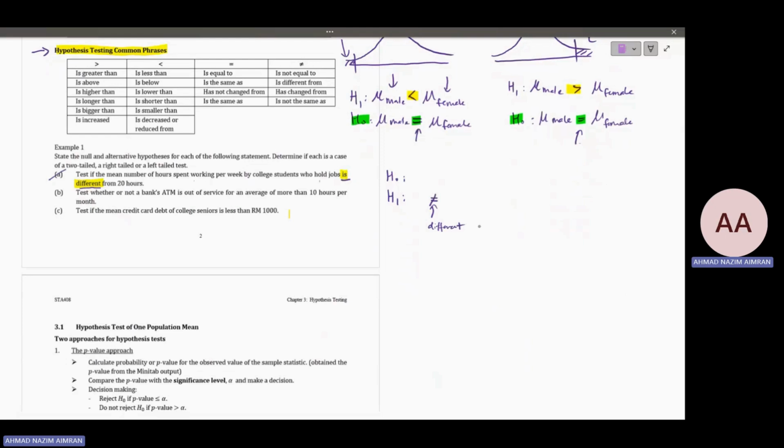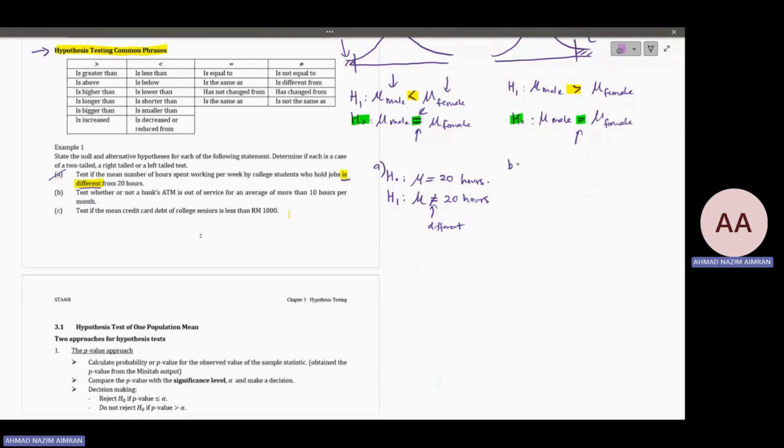So for the number of hours spent working, you can simply write down the alternative hypothesis as mean is not equal to 20 hours. And for the null hypothesis, remember you can just use the equal to symbol. So that is for the first one.